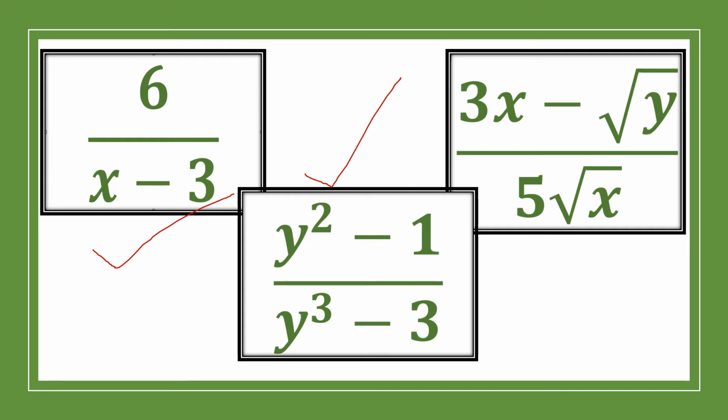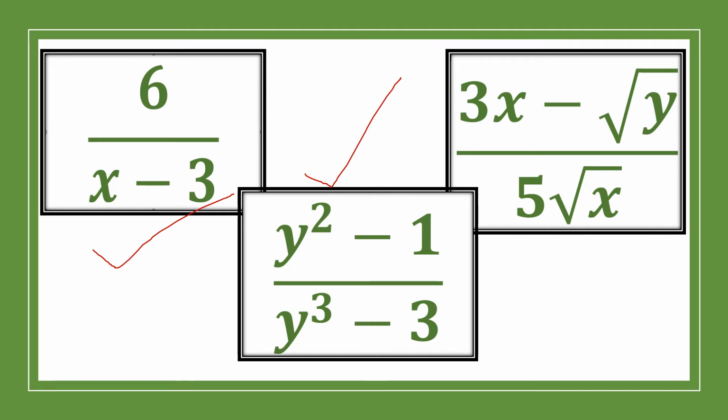Next, the third example. 3x minus square root of y over 5 square root of x. So, let us observe first the numerator. 3x minus square root of y. So, the numerator is not a polynomial since there is a variable inside a radical.